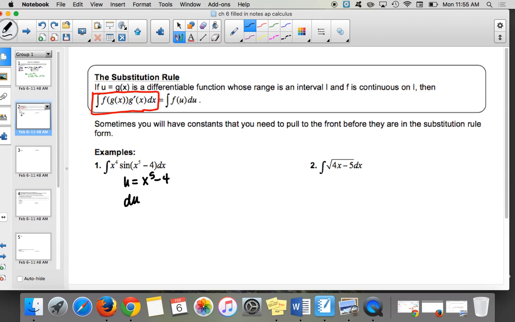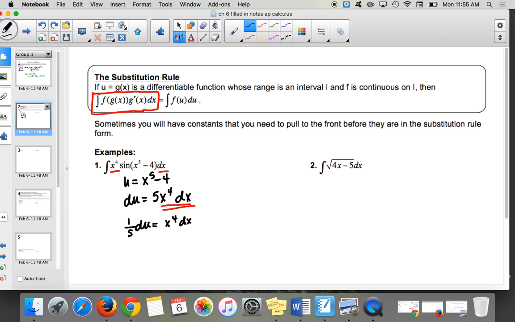And then du is going to be 5x to the fourth, and we're going to put that dx next to it. So when we look up here, we're like, oh, that's almost it. We have x to the fourth dx. It would be du over 5. Exactly. So we take that 5 and we divide it over. So I write it as 1/5 du equals x to the fourth dx.